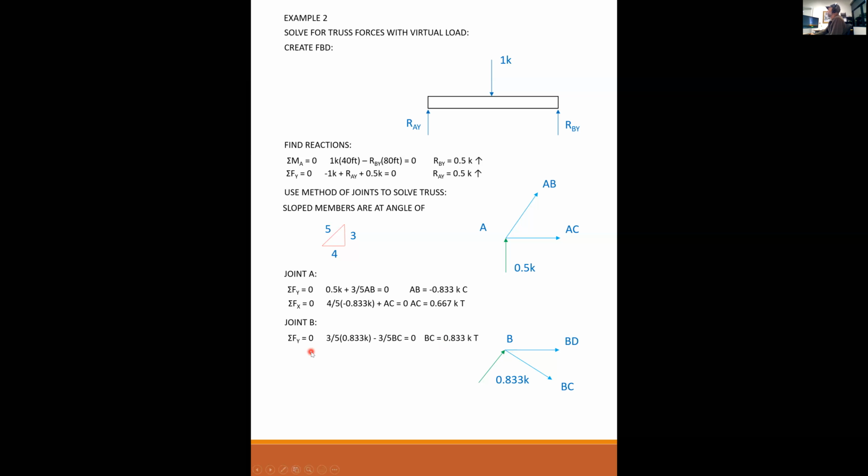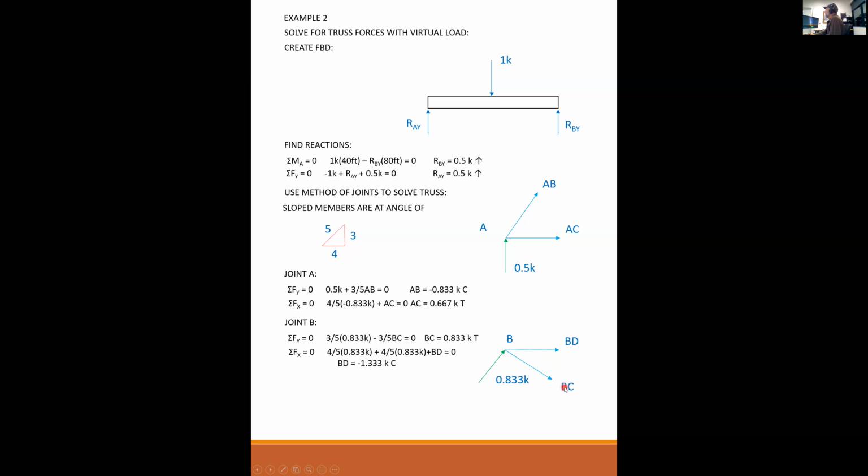I intentionally summed my forces in the vertical first because I only have one unknown with any component in the vertical. If I sum my forces in the horizontal first, I have 2 components in the horizontal, so I wouldn't be able to solve it directly. So kind of just keep an eye out for how you can isolate to one unknown as you're choosing how to sum these.